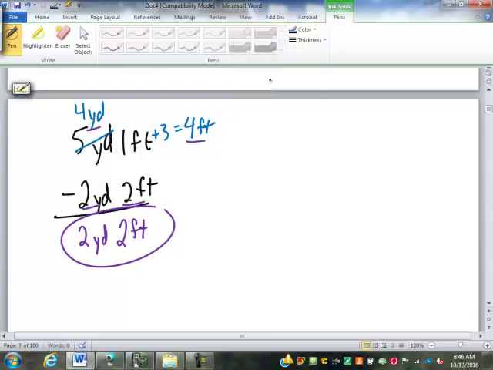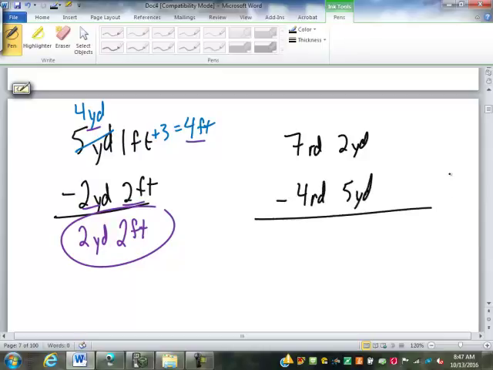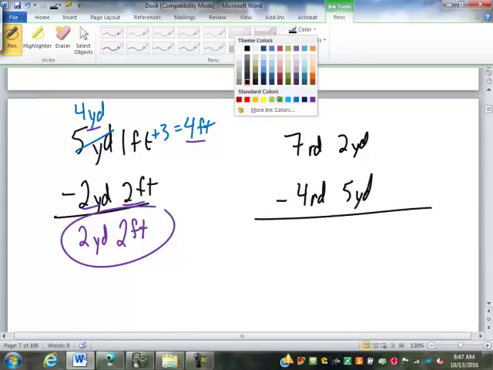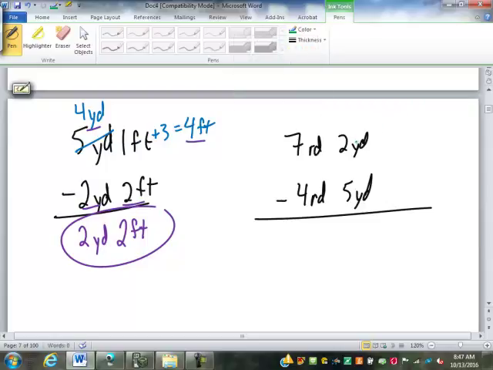Or, excuse me, we can have 7 rods, 2 yards minus 4 rods and 5 yards. A little bit more complicated borrowing here. Can't do 2 yards minus 5 yards, so I borrow from the 7 rods. That's now 6 rods. What's this going to become?